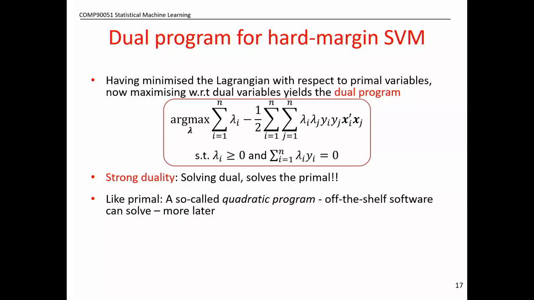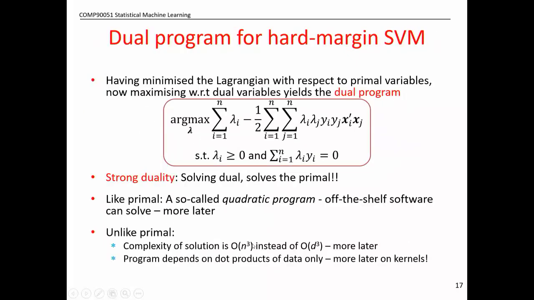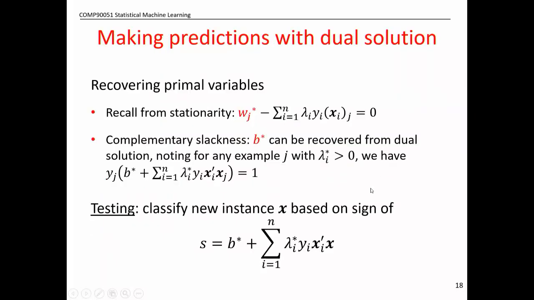It's not in the dimension of the problem, it's in the number of training examples, because that's how many lambdas we have. So it's cubic in the number of training examples, not the number of features. And also critically for the next PowerPoint deck, the program only involves dot products. So that's going to let us kernelize. And we'll get to that soon.